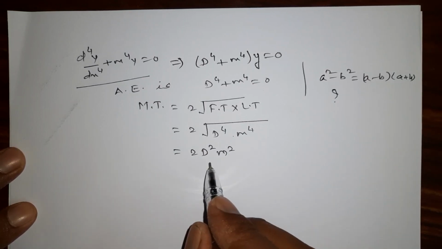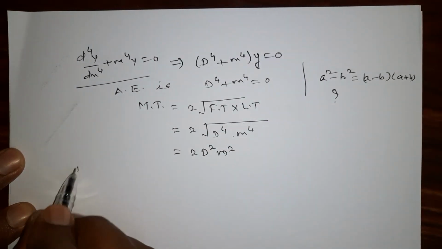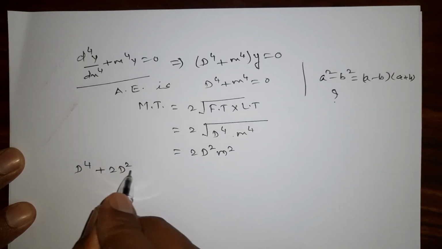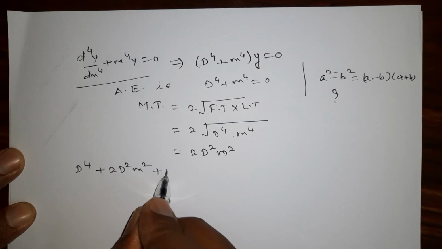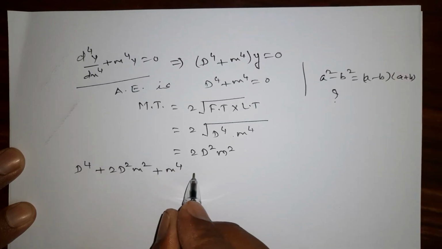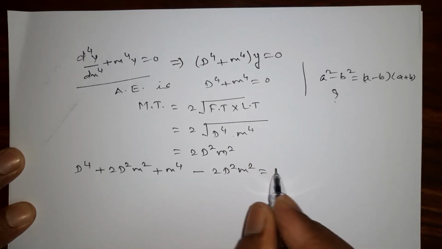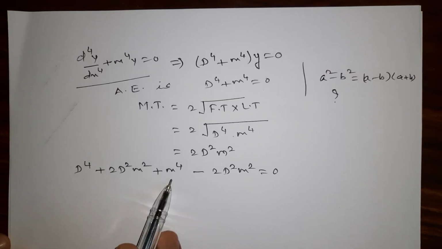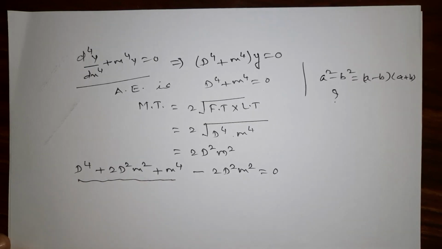Now this middle term we have to add and subtract. So here I get d raised to 4 plus 2d square m square, we add plus m raised to 4 as it is, and now subtract 2d square m square is equal to 0. Add and subtract, this is the middle term, so it lies between the two terms. Now just concentrate on these first three terms.